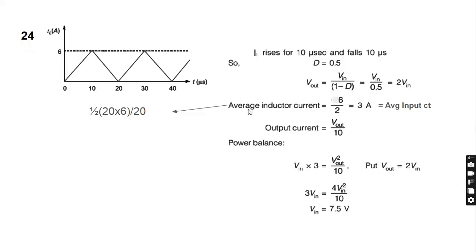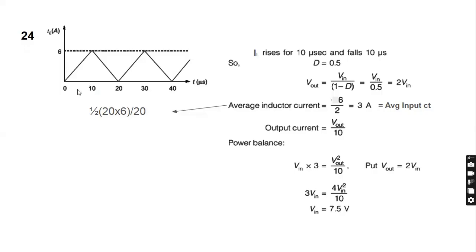And now we can find from this waveform the average inductor current, which can be found by taking the area of the waveform divided by the time period. So this is a triangular waveform. We can find the area as half into base 20 and height 6, divided by 20 microseconds.